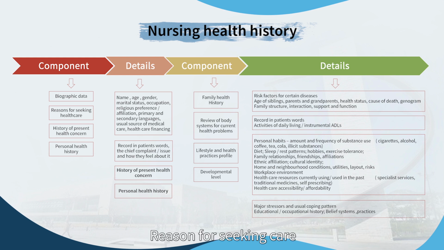Reason for seeking care and history of present health concern. Past health history including patient's allergic history, serious or chronic illness, or recent hospitalization, and so on. Family history, the health status of family members.